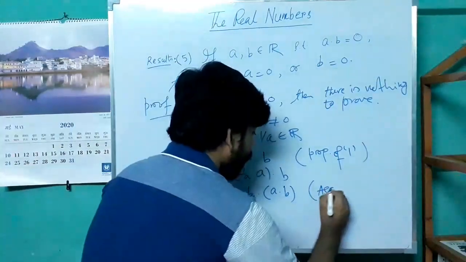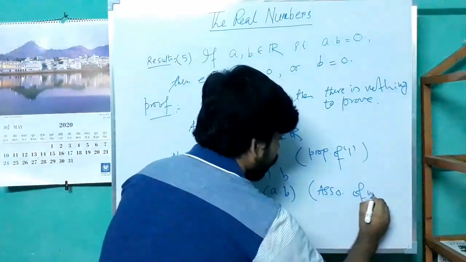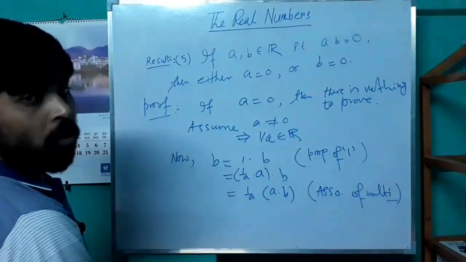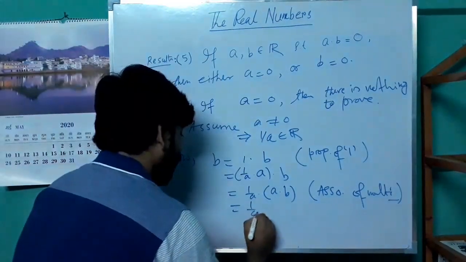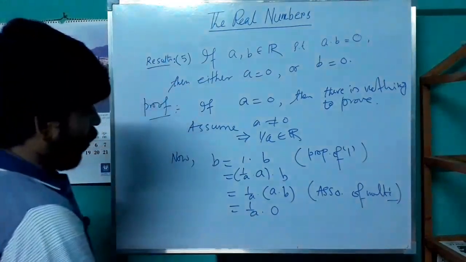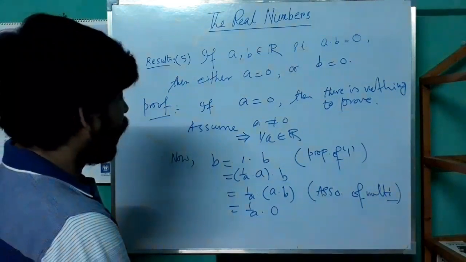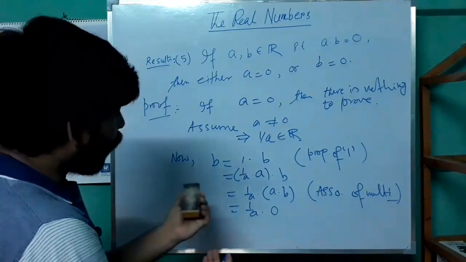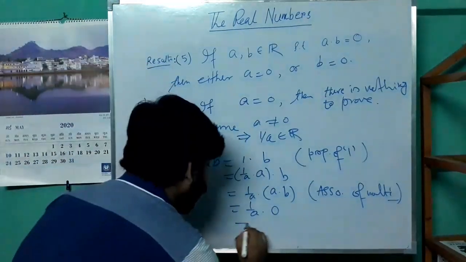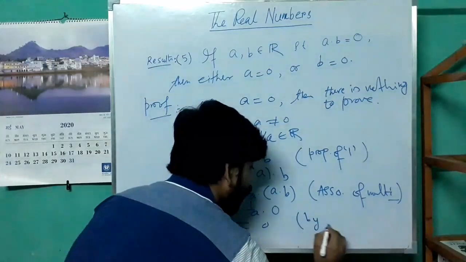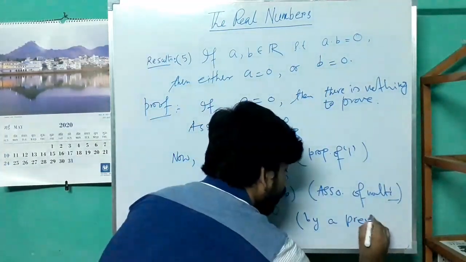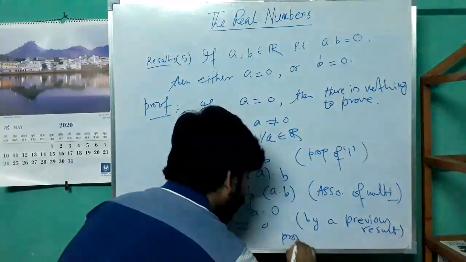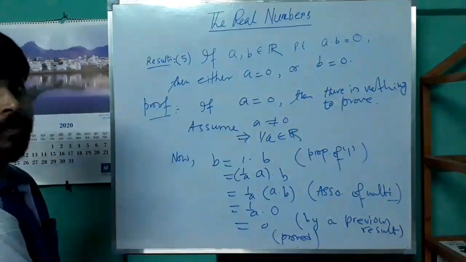Given that a dot b equals 0, and already we have proved that for any real number a dot 0 equals 0, we apply the previous result. So this is 0 by the previous result. And this completes the proof.